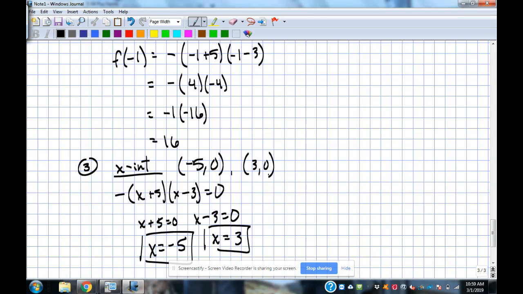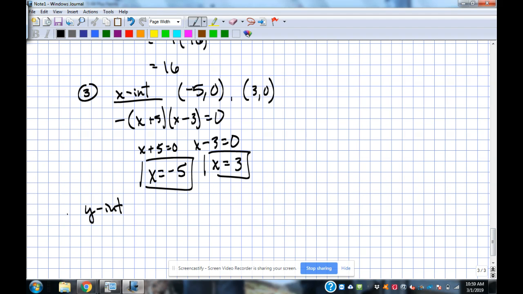Get 2 X-intercepts on this one. Just going to help us when we go to graph it, because we already got 2 points made for our table. Okay. The next thing that we want to find after we find the X-intercept is the Y-intercept.